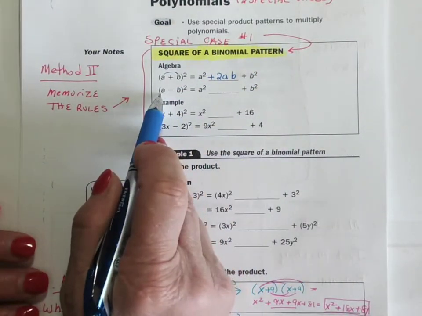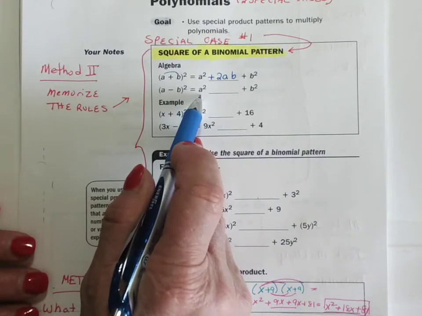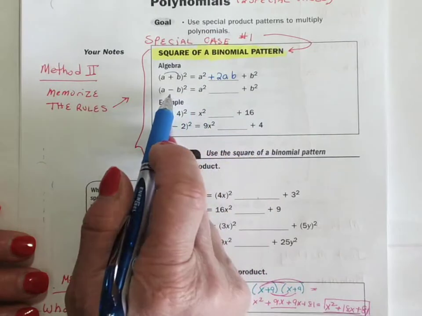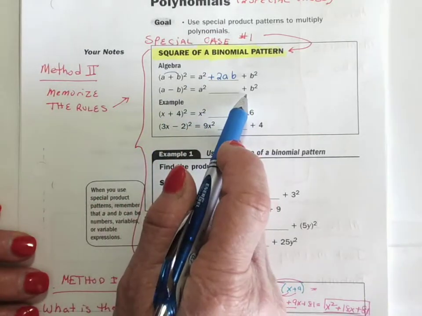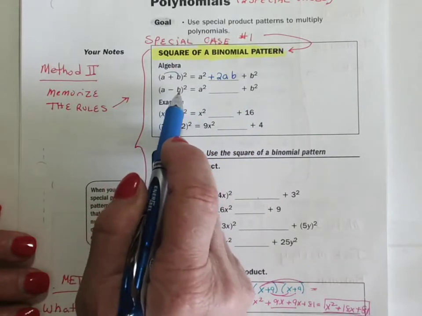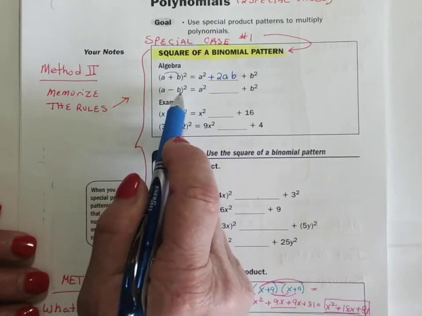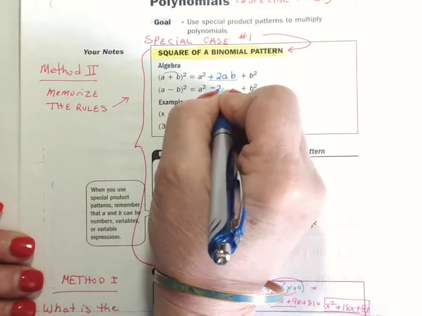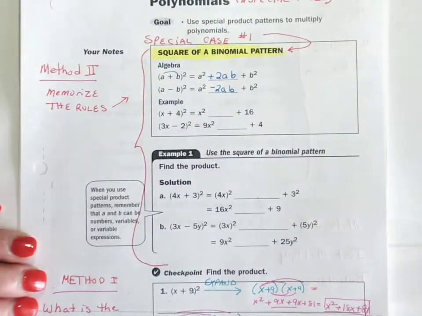So here, square the first term, square the last term. Notice negative b is squared, so it becomes positive b squared. You take a times negative b, which is negative ab, and you double it. Minus 2ab.